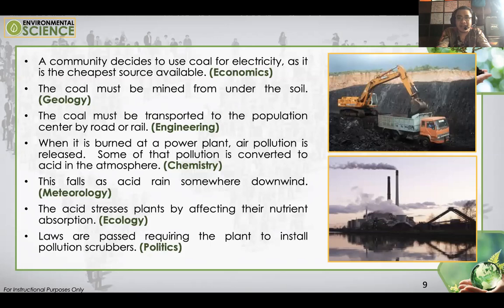And every day, nakikipag-interact tayo with nature. Yan. So as you can see, dun sa example na binigay natin ngayon, it really encompasses different fields of knowledge, whether it be economics, geology, engineering, chemistry, meteorology, ecology, and even politics. Kaya nga madami tayong environmental laws na tatalakayin din sa course na to later on.